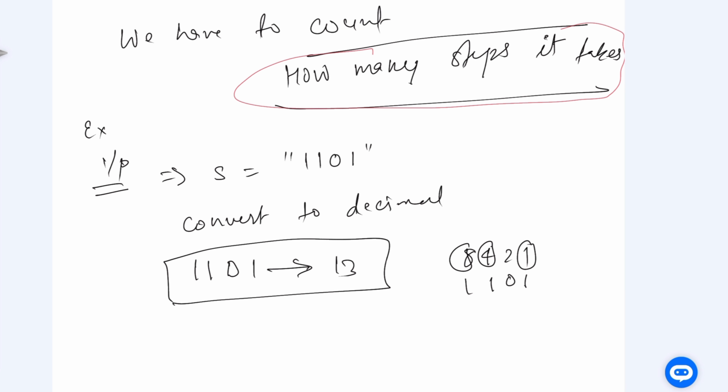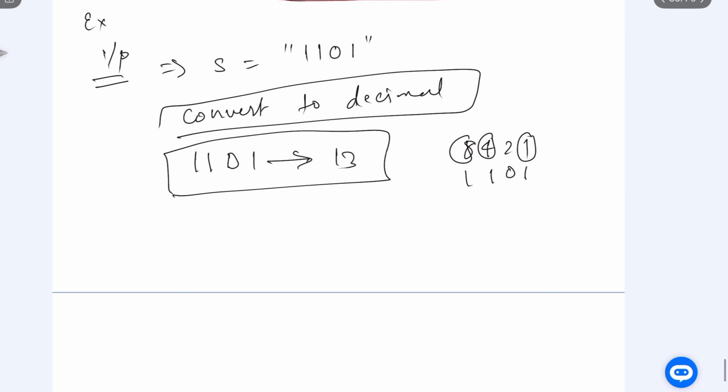So if we convert this into decimal, it is 13. Now let's go to the steps. The very first step is that we have the binary, which we convert into decimal. We have 1101, converted into 13 as a decimal.